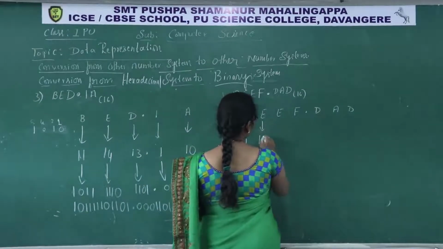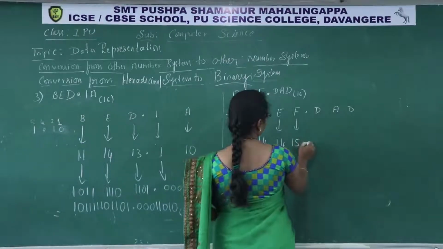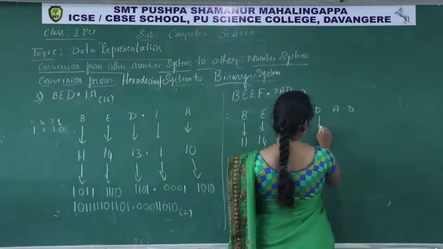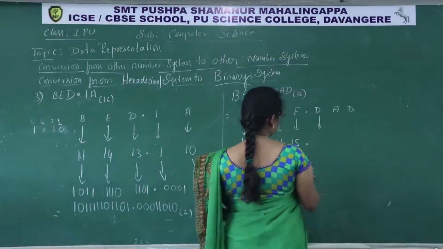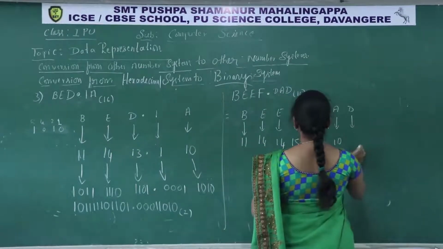E means 14, E 14, and F is 15. Dot. D means 13, A means 10, and again D is 13.